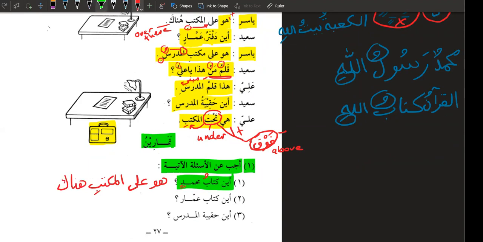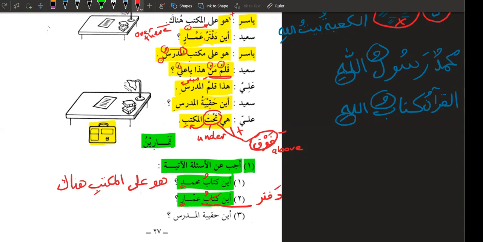نعم. طيب عبد القيوم. أين كتاب عمار؟ So what I mentioned before is that sometimes in the book there are errors even in the new print. So this shouldn't be kitab, it should be daftar.